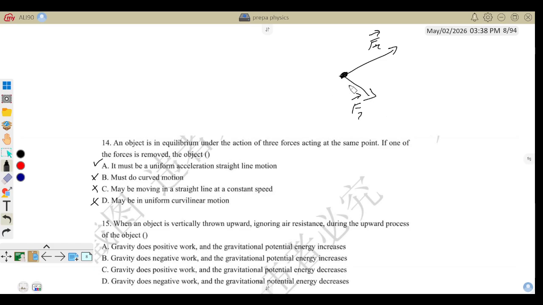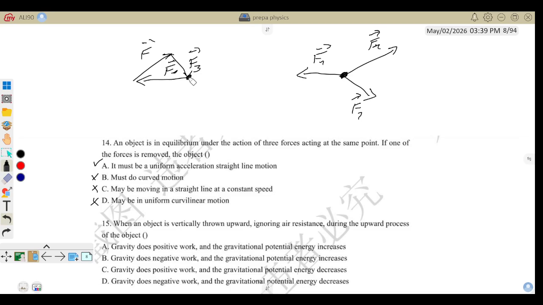In the first stage we had F1 here. If we make the vector sum of these three, F1 would be like this, F2 would be like this, and F3 will be like this.